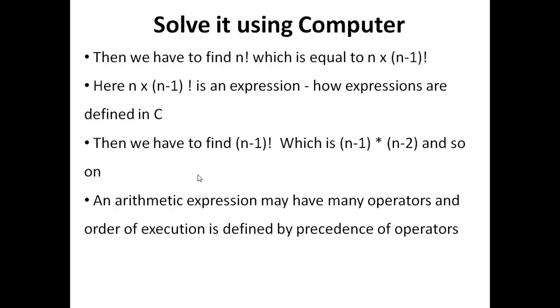How expressions are defined in C is this is the way we use an expression. Then we have to find n minus 1 factorial, which is n minus 1 star n minus 2, and so on. So we can say an arithmetic expression may have many operators, and the order of execution is defined by the precedence of operators.